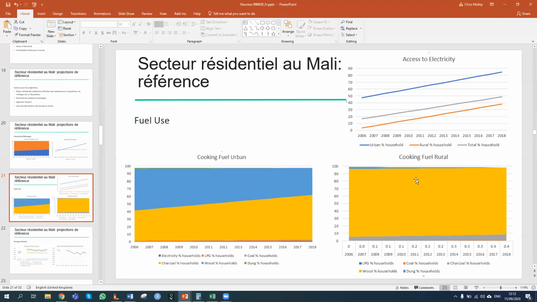In urban and rural areas, there's been a switch over to using charcoal for cooking, but no large uptake of clean fuels like LPG or electricity. Is this trend in charcoal going to continue? And in rural areas, it's mostly all wood, and I think we could assume that mostly wood is going to be the dominant fuel in the baseline.